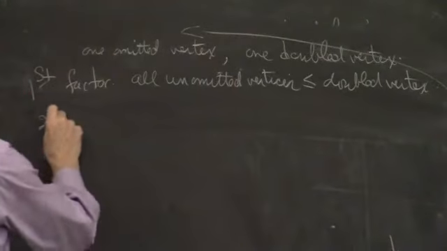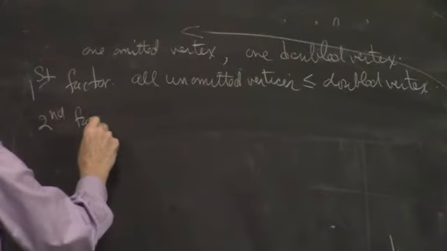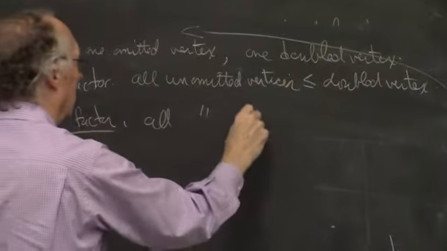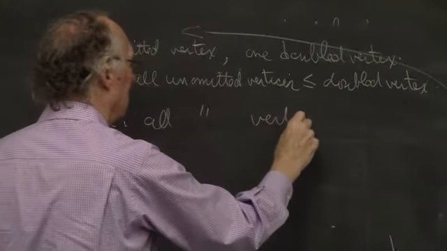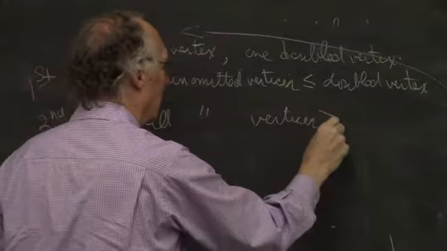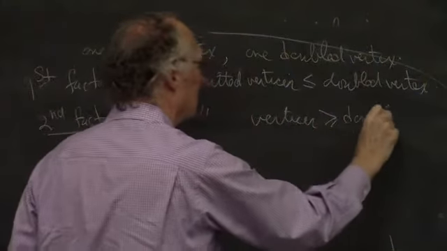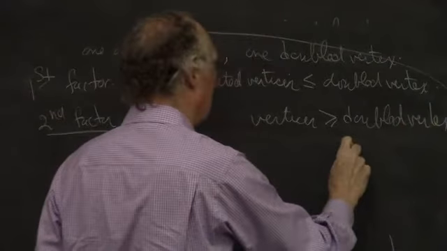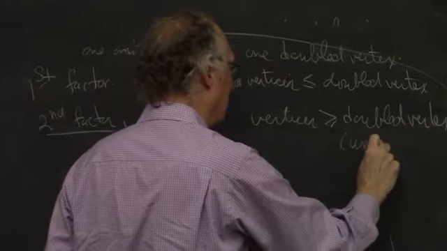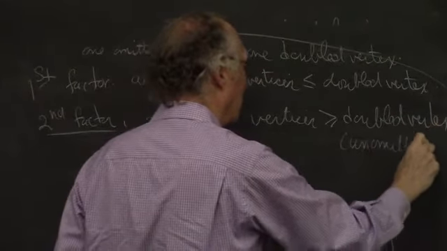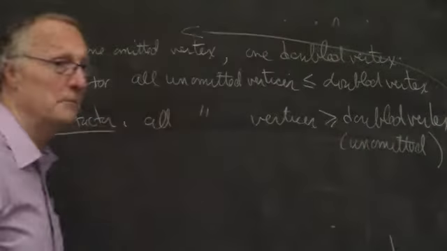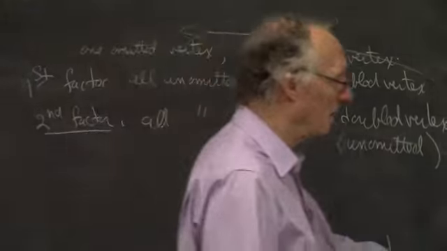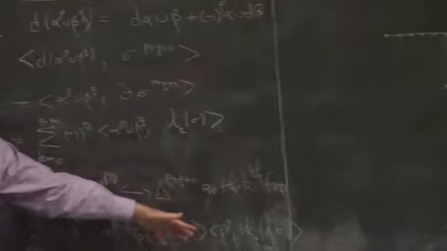And the second factor is all unomitted vertices greater than or equal to the doubled vertex. Unomitted. And this is the sum of all of them, all possibilities.